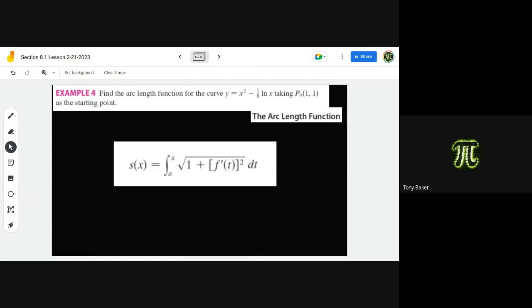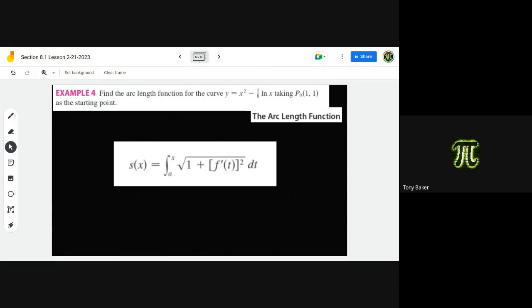Okay? So say I have this curve as y equals x squared minus 1/8 ln of x. So it's this nice little annoying equation that you think is going to be very difficult, but it's actually going to work out kind of nice. So we've got this problem there.